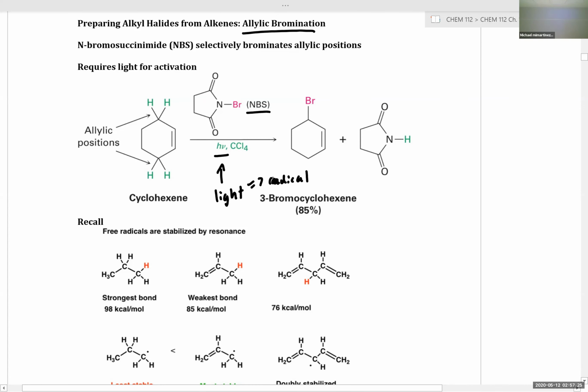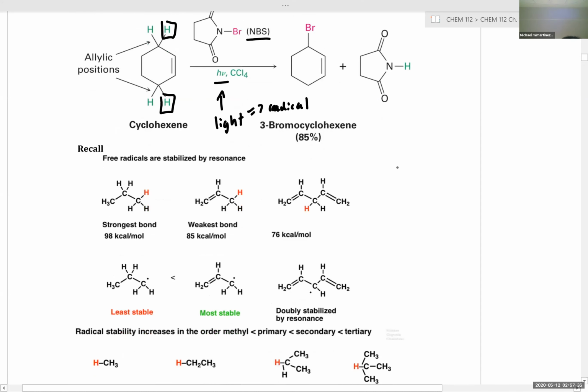So in this case, we can selectively react our allylic positions. And the reason why our allylic positions are selectively brominated is because an allylic radical is quite stable. So allylic radicals are stable, at least relatively speaking.